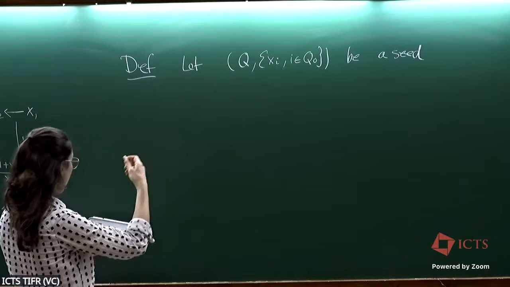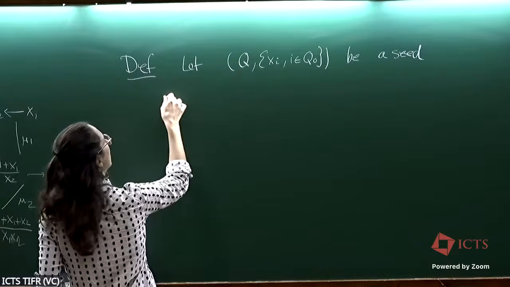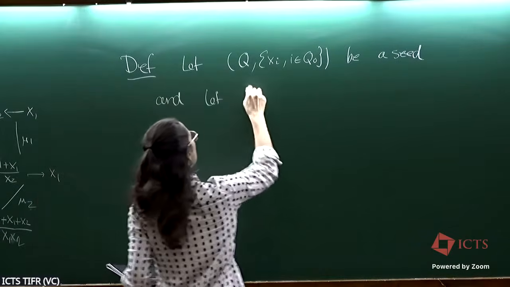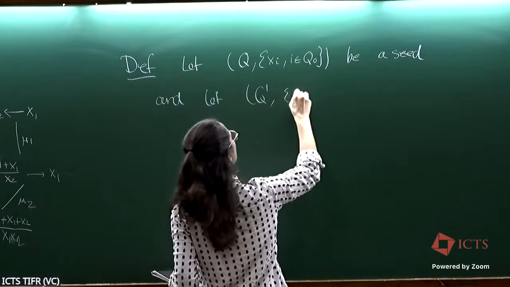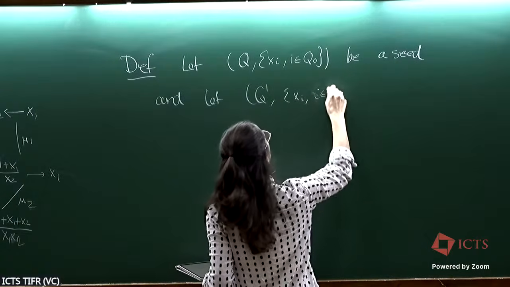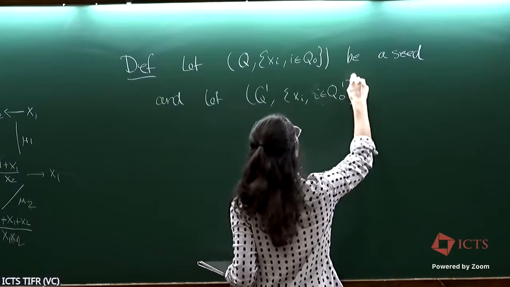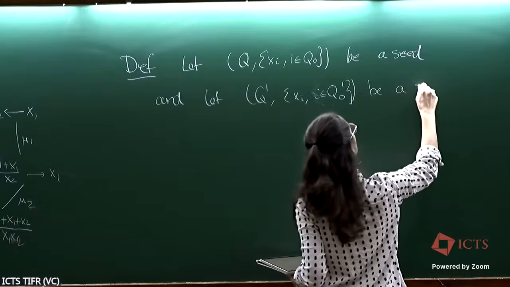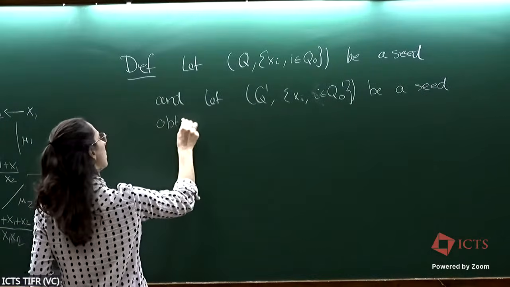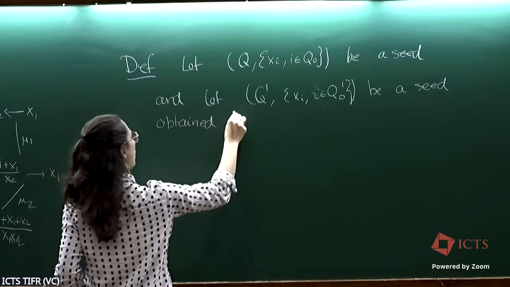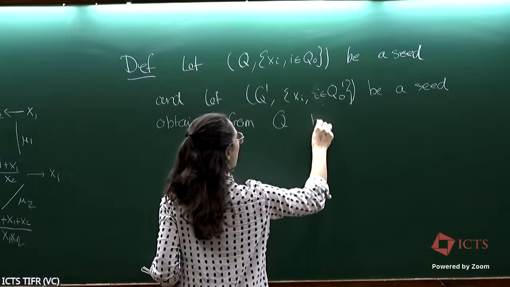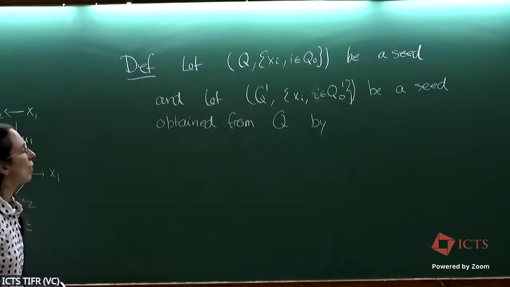And for that, I can do two things. I take another seed Q prime, and I want this one to be obtained from Q in one of the two following ways.